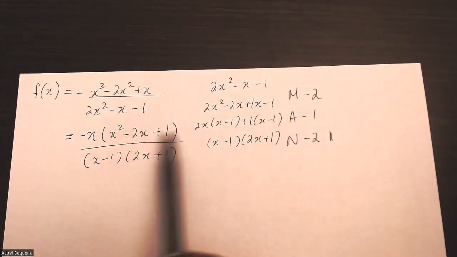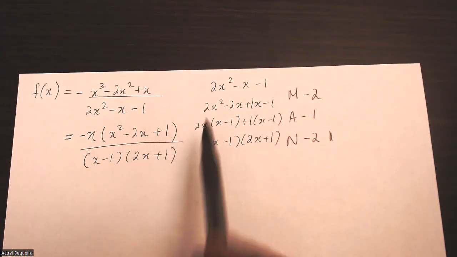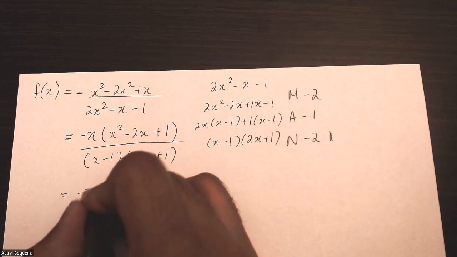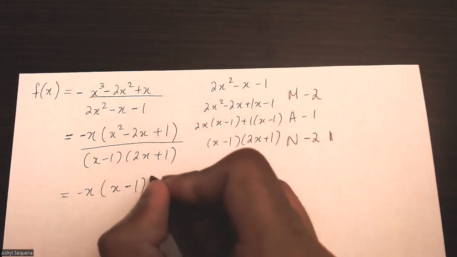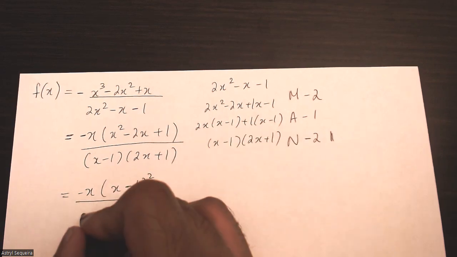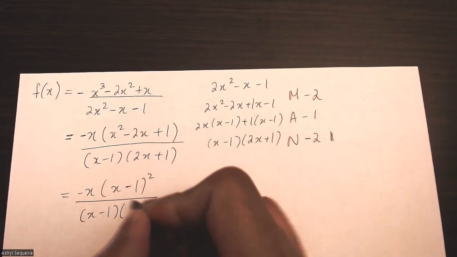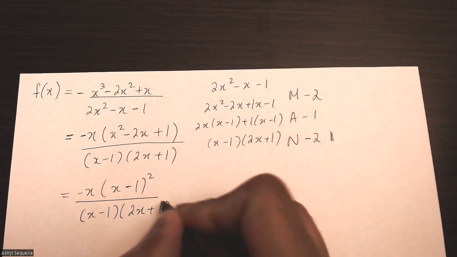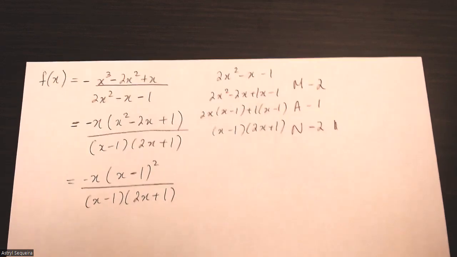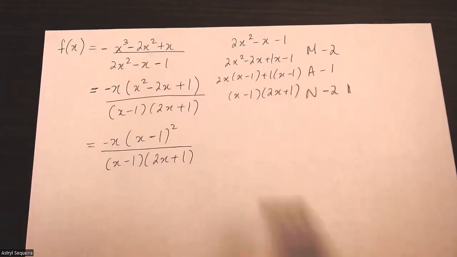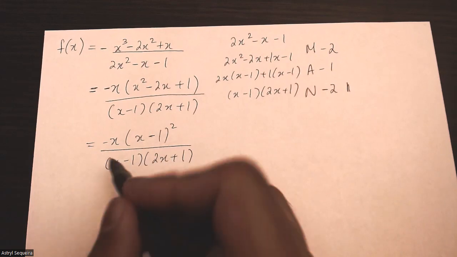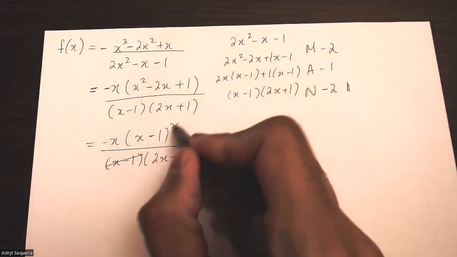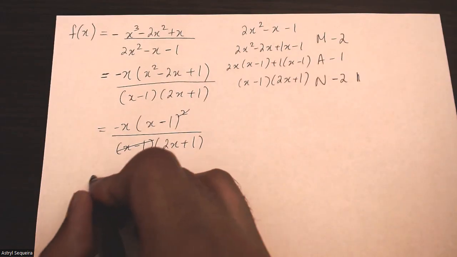Now I can factor this equation over here a bit more. That's just x minus 1 squared. And now I have x minus 1, x minus 1, so I can actually cancel that with the square, and that's going to create a hole.